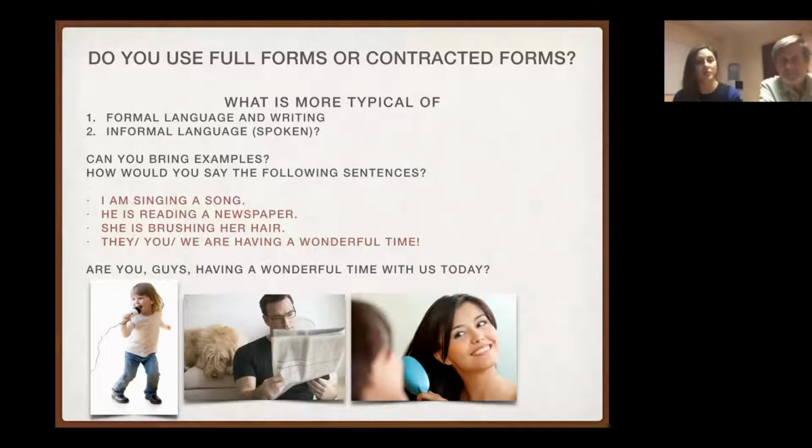Full forms or contracted forms? Thomas has already said that for formal language and writing, we mainly use the long form, if you want to call it that. You use I am rather than I'm, he is, she is instead of she's, and so forth.